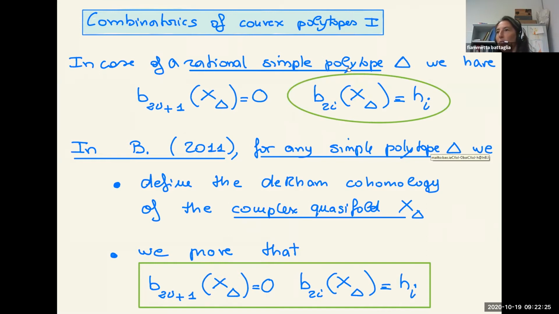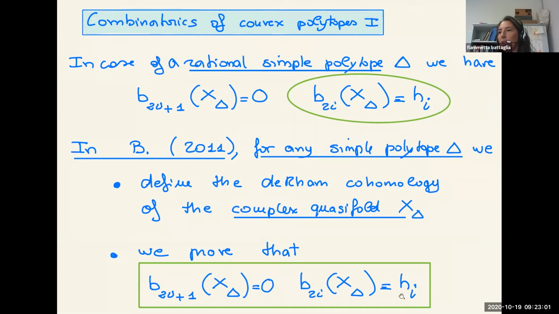So I put delta, the polytope delta, as a short notation, but we have always to think of it as the starting datum as a triple. So for any simple polytope, we can define the de Rham cohomology of the corresponding complex quasifolds, and we prove that the odd Betti numbers are 0, and the even Betti numbers are given by the H vector. So we again have this property.